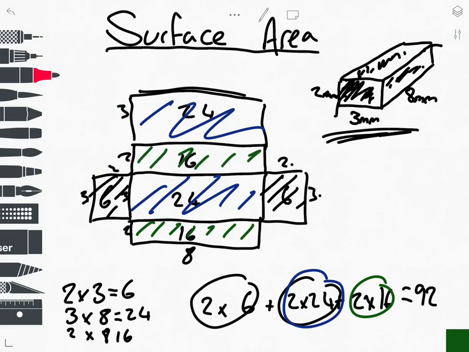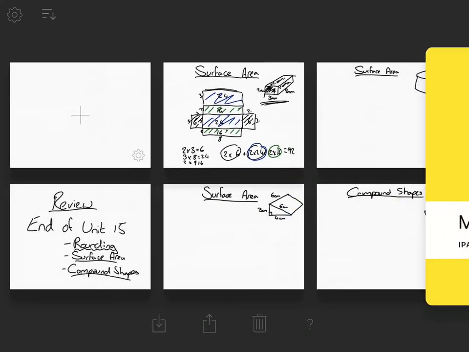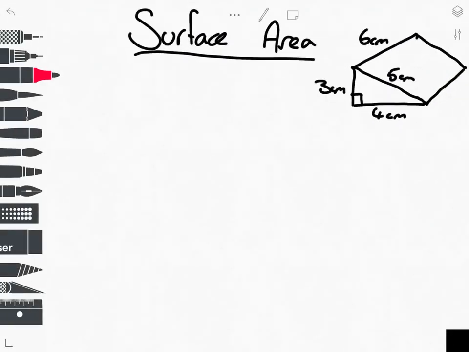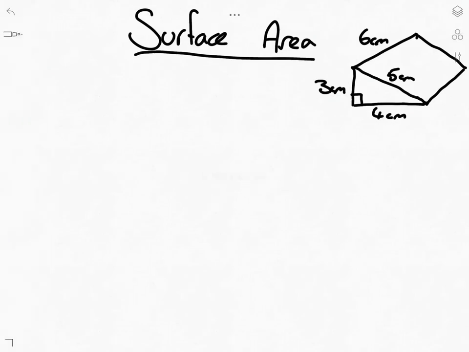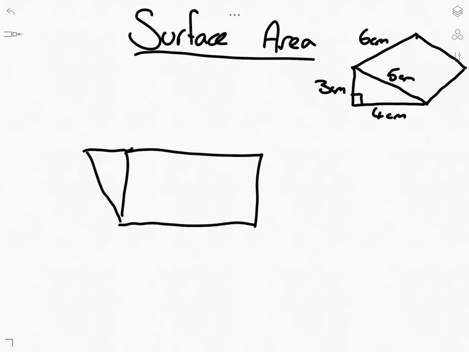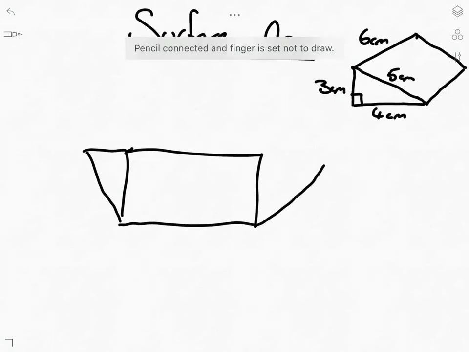So it works for the rectangular prism, but when we move on to something like this triangular prism, we've got to think a bit harder about what faces we're working out. So again, I'm going to do the net. So I always fold each end face out.